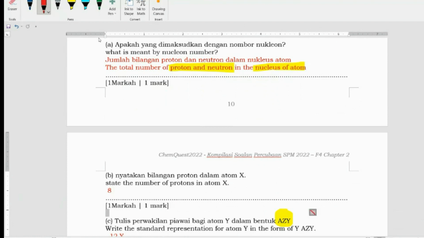Y, lepas tu A dengan Z macam ini. Okay, so standard representation. Okay, A itu apa? What is A? Siapa tahu? What is A? What is Z?